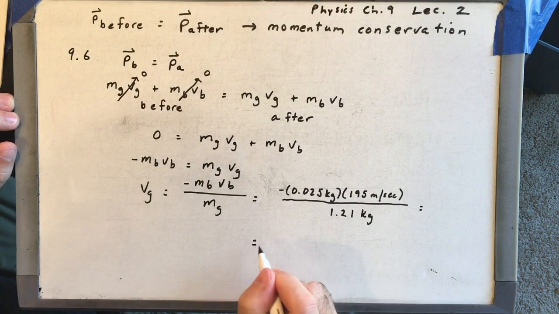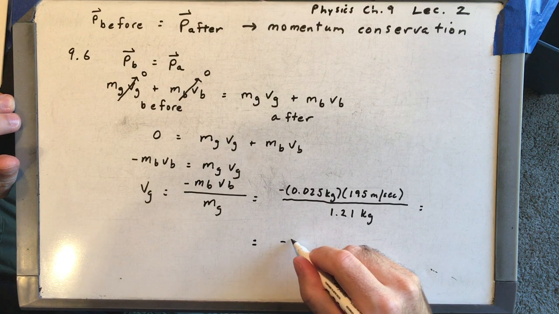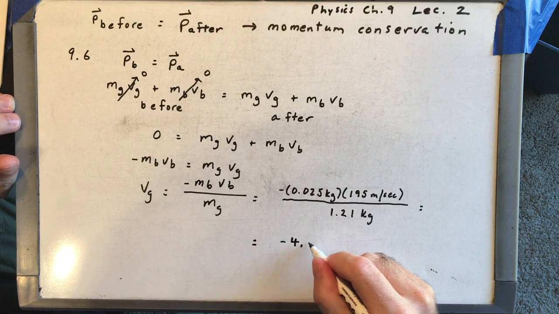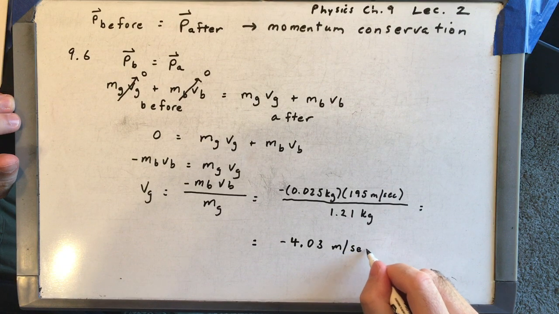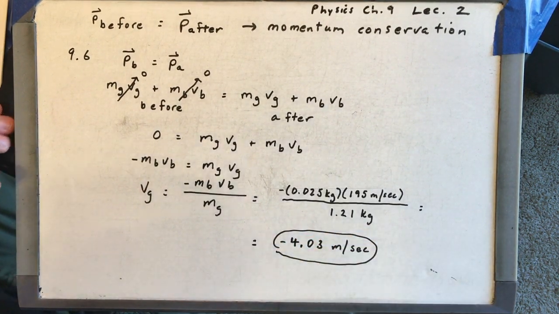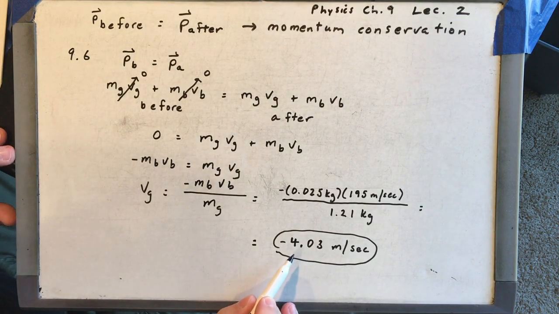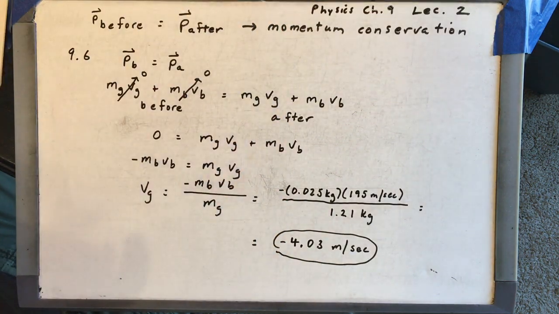So if you plug that in the old calculator, you get minus 4.03 meters per second. It should make sense that it's going in the negative direction because the bullet is going in the positive direction. If the bullet was going in the negative direction, the gun would be going in the positive direction. All right, let's do another one.